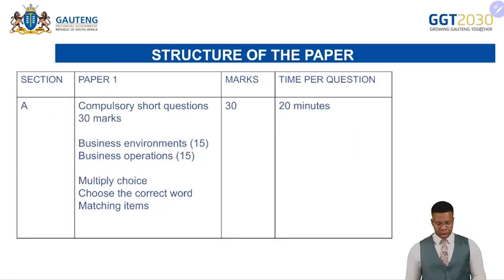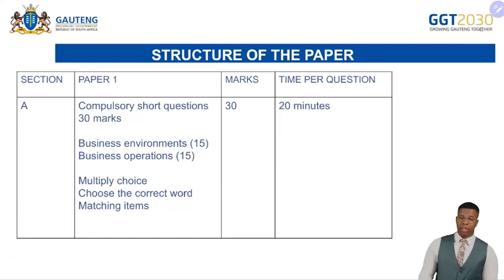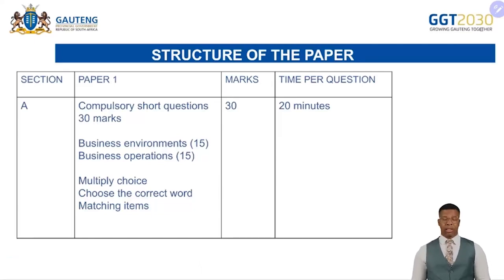Now, structure of the paper, which is the first part of our lesson. The structure of our paper is now having 3 sections. We have section A, B, and C. Now let's see what is contained in section A. In section A for your paper 1, you have compulsory short questions, which are now allocated 30 marks, and you have your business environments for 15 marks and business operations for 15 marks.